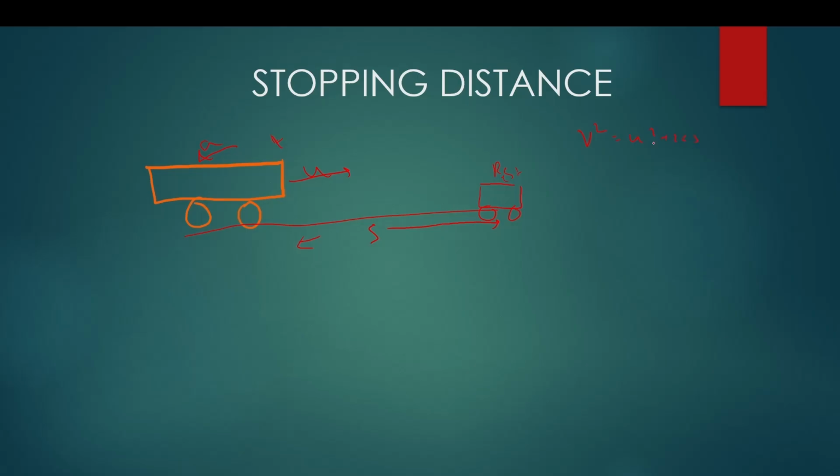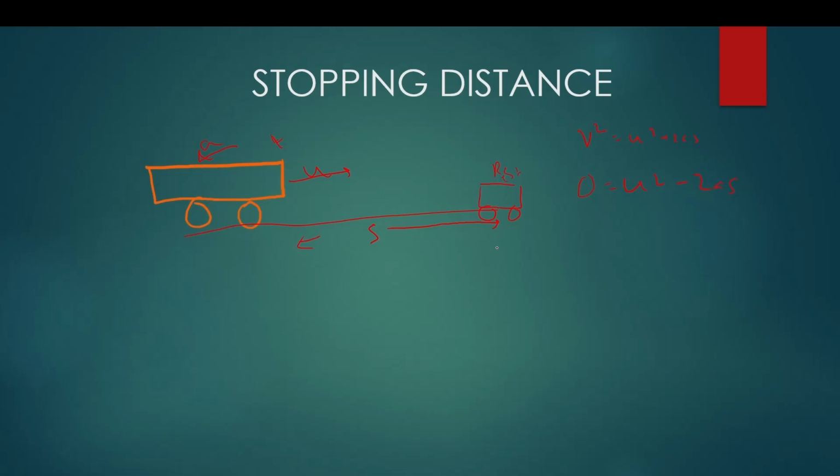Now the final velocity is 0 since the body is at rest, so 0 equal to u square, where u is the velocity with which the body was moving initially, minus, since acceleration is negative, 2as. s is the stopping distance.